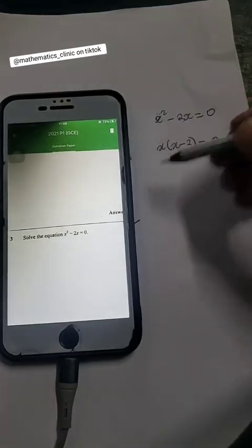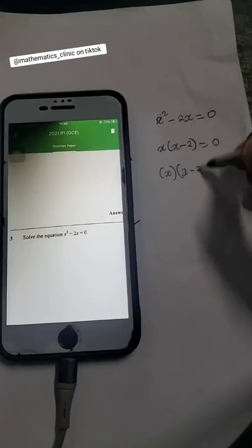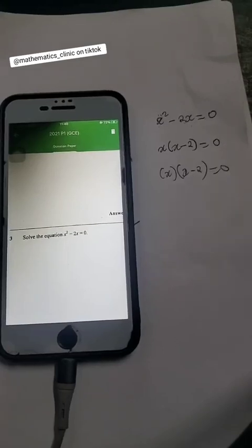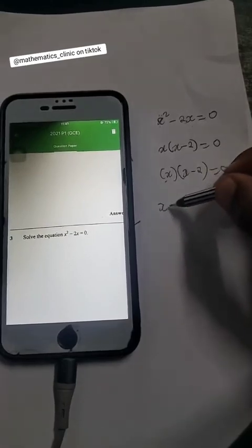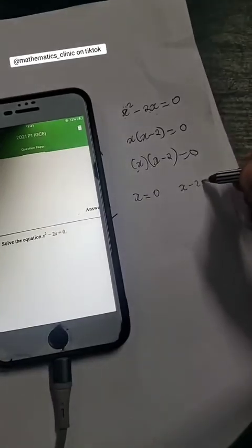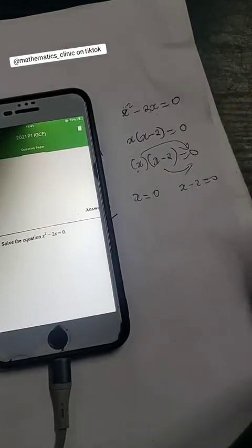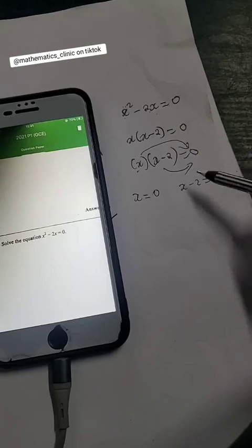These are factors, written in brackets, like this. So one and the same. This x we equate to 0, so we have x is equal to 0. Then we have x minus 2 also equal to 0. So we have equated this to 0 and also that to 0. By additive inverse, negative 2 on the right side becomes positive 2.